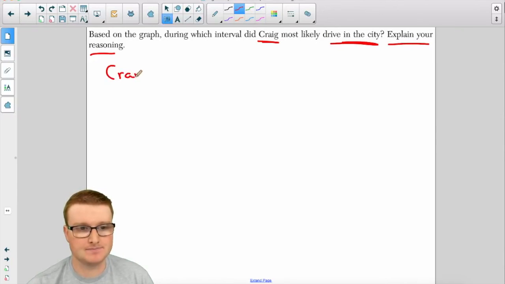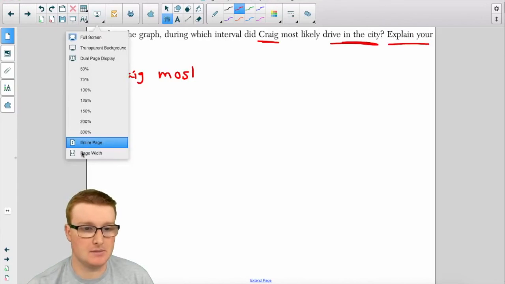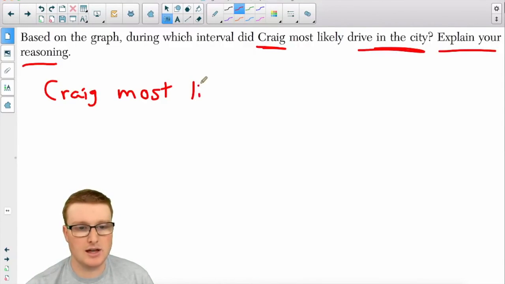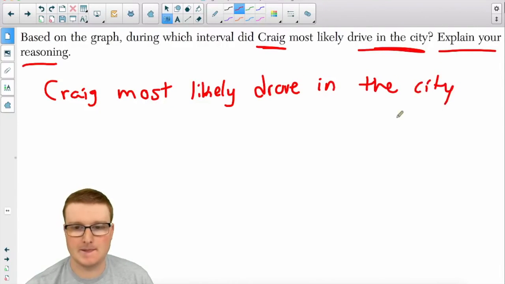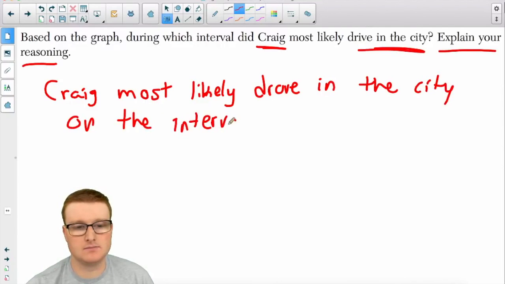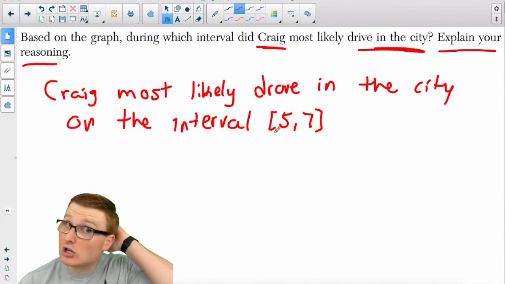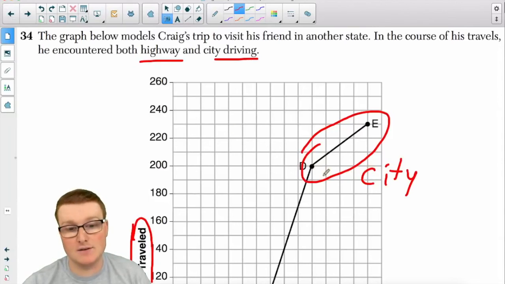So, Craig most likely, hold on a second, let me make this a little bigger. Craig most likely drove in the city on the interval from 5 to 7, and just make sure that these are closed brackets, because we do have closed dots.